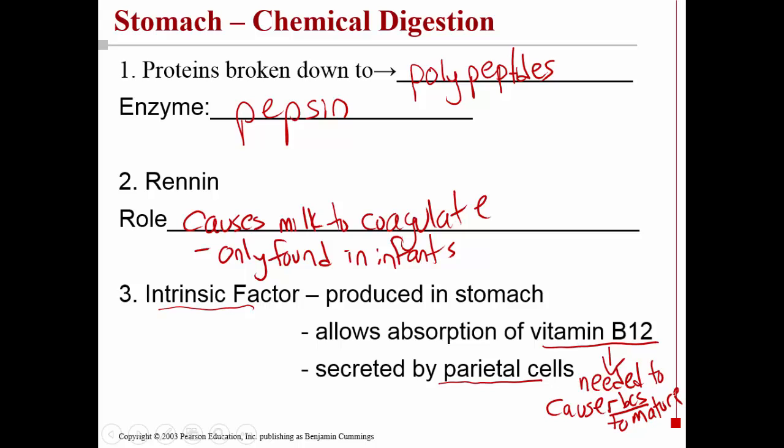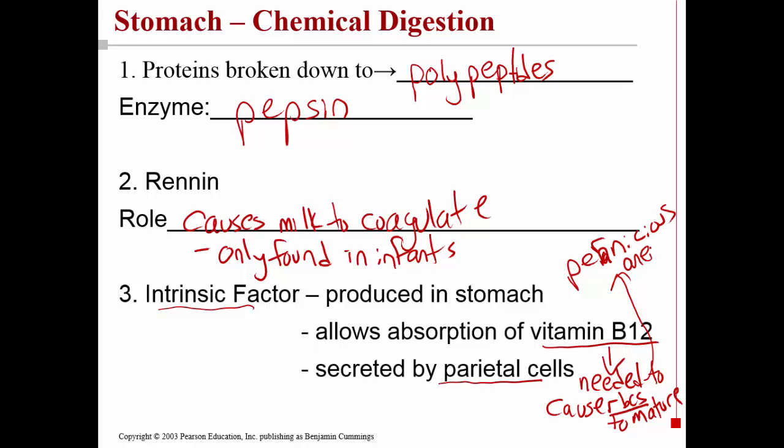Pernicious anemia. And this happens more often in elderly people. Now remember, if red blood cells don't mature, they do grow, but they don't mature, and so you get these large pale cells called macrocytes, which aren't able to carry oxygen.